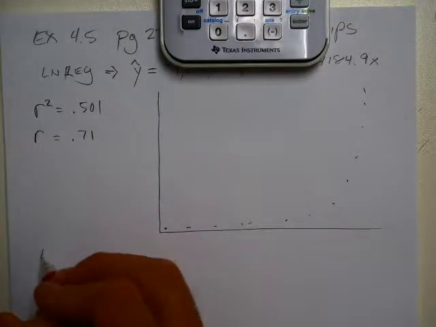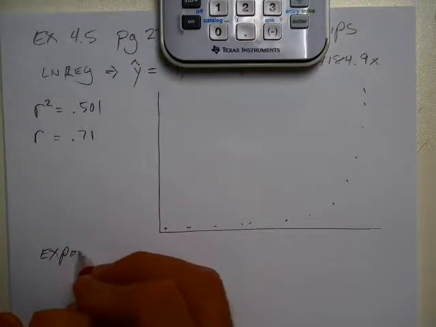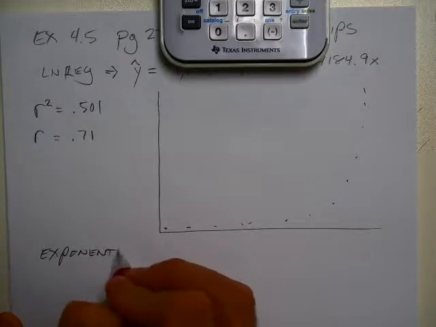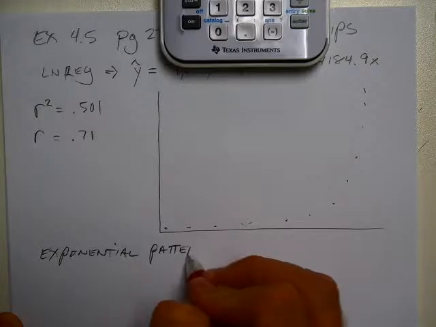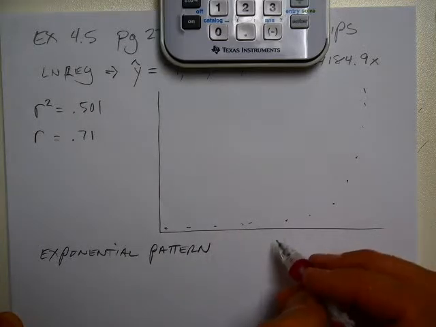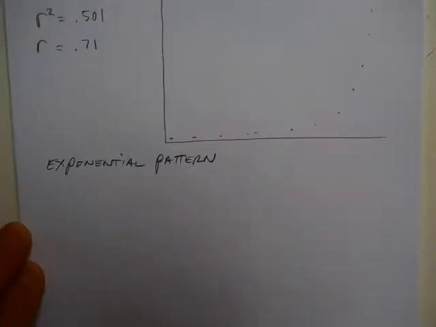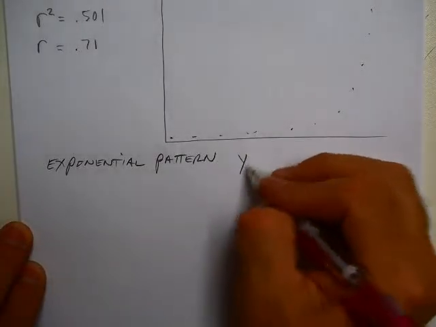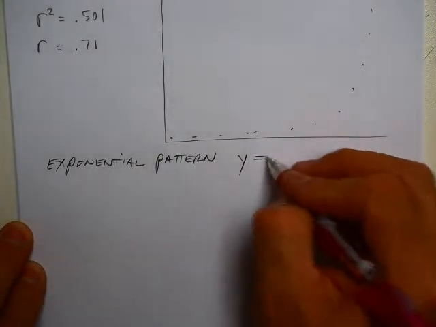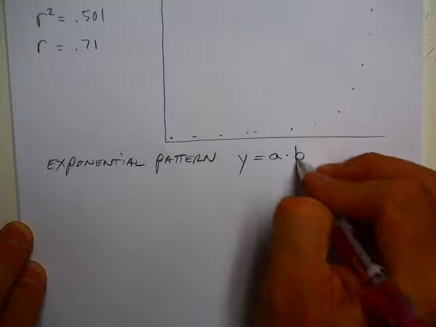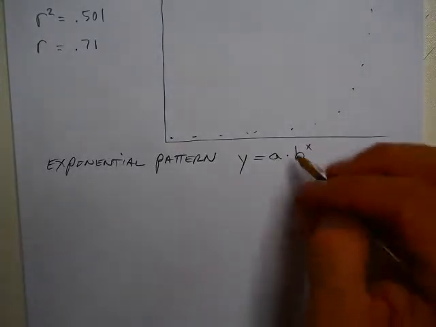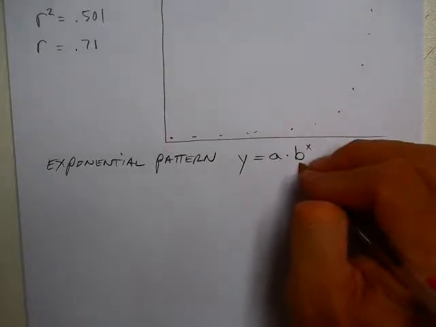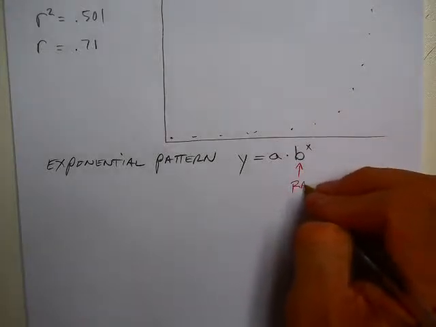Our exponential pattern, this is a form of the equation, is y equals a times b to the x. So here's how I think of this. The b is the rate of change.